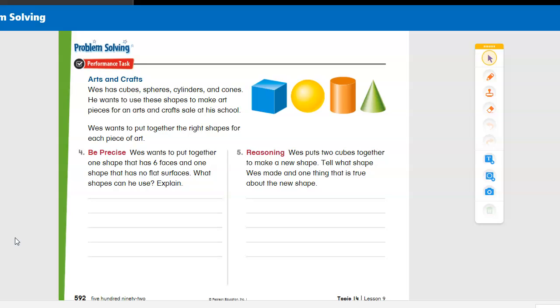So if you were to put 2 cubes together, what shape does that make? And what is one thing that is true about that new shape? So first you would have to put the 2 cubes together and then get your new shape. And tell me what that shape looks like and one thing that is true about it.